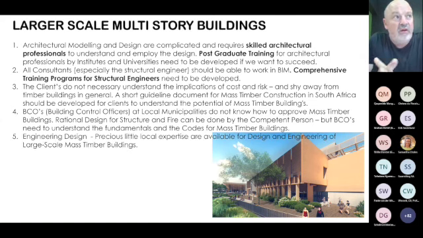I think as well in South Africa, there's very little engineering expertise around. It's just the nature of our building industry. For years, we have been training engineers to design in steel and concrete, because it is the preferred material for building. And so I think there's a huge gap in the training at universities to upskill our engineers to design for large-scale timber buildings.